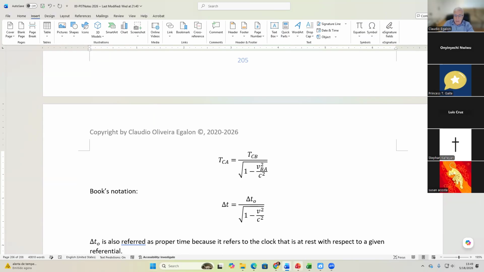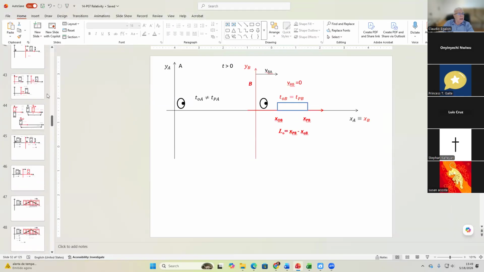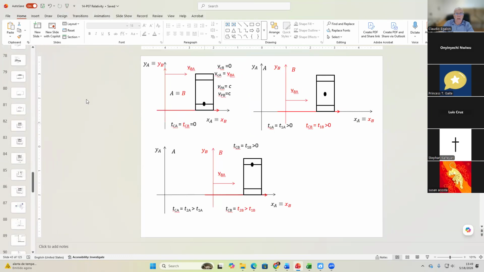It's a very good notation. I like this name that they gave; I think it's very appropriate.